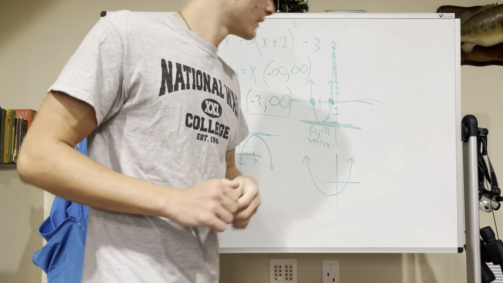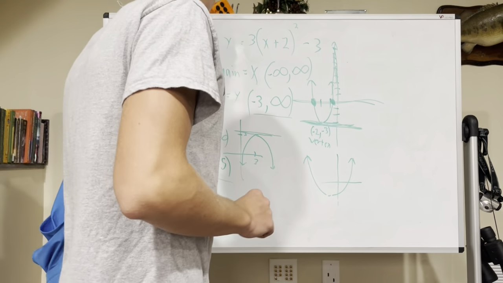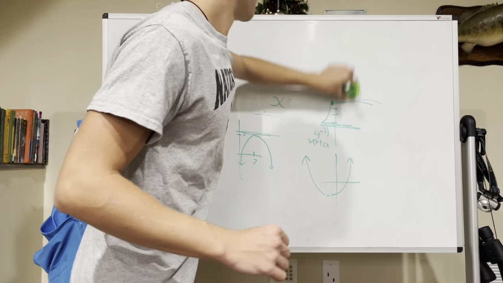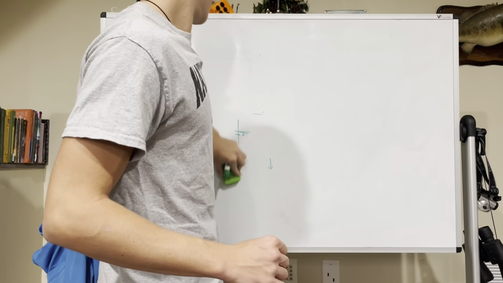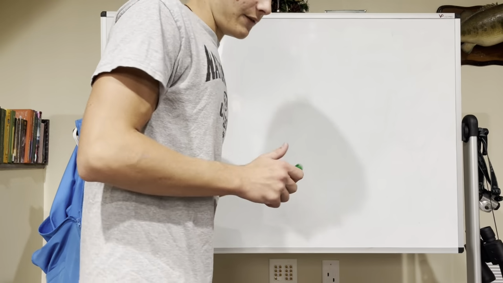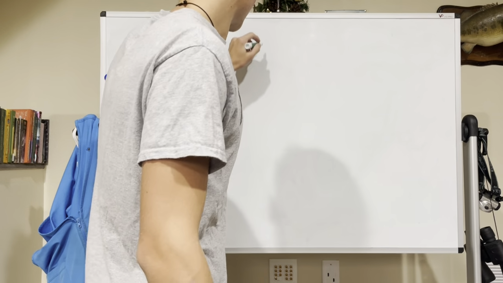That's basically the difference. Now, you might not run into this, but as a final little thing, just to make sure you are completely good with domain and range, what happens if you have a sideways looking quadratic function?